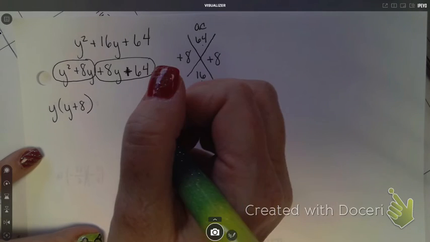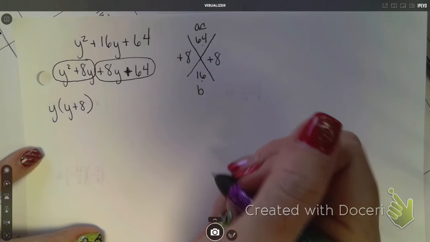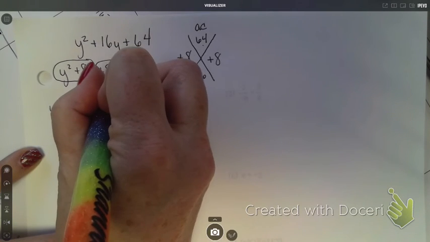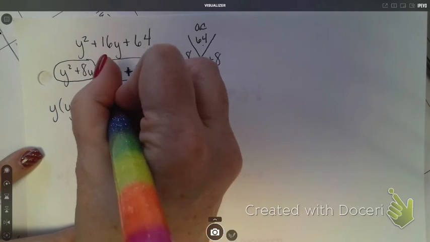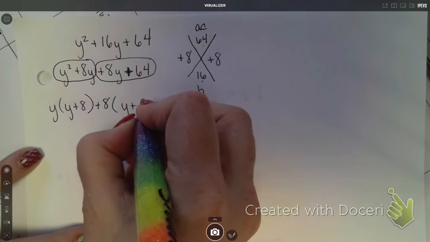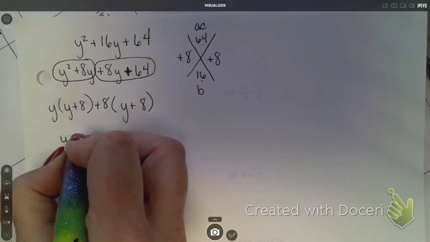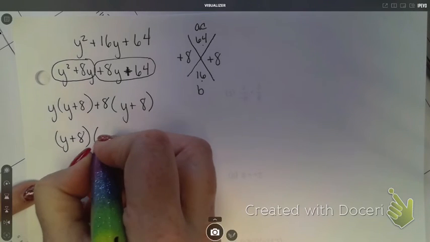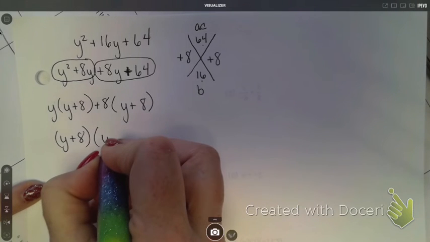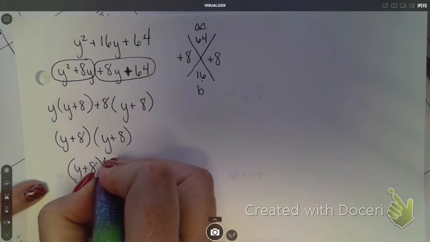Yes. So then what do I factor out next? 8. So positive 8. Don't forget your plus or your minus. And I'm left with y plus 8. So my final product is y plus 8 times what? Y plus 8, or y plus 8 squared.